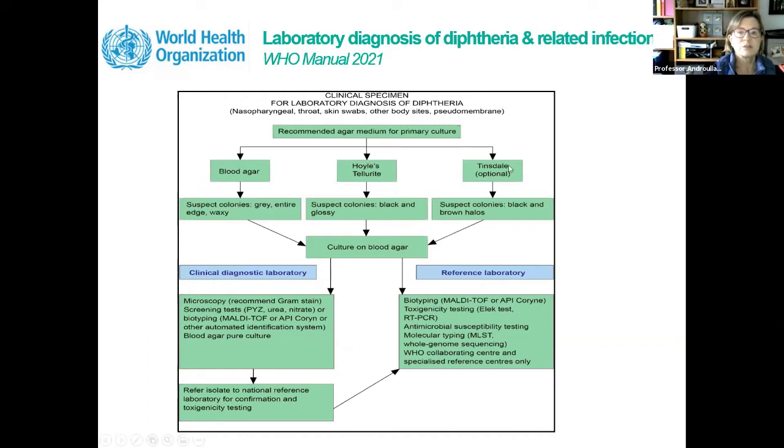Tinsdale is more of a selective medium. Then any suspect colonies are purified onto blood agar after microscopy, and various tests performed: biotyping, toxin testing, antimicrobial susceptibility testing, and usually they are referred to our national reference lab here at Colindale for confirmation and toxin testing.